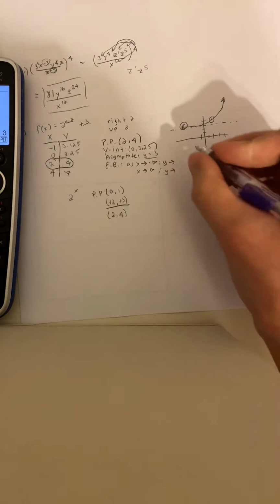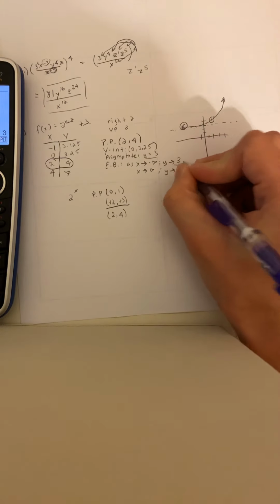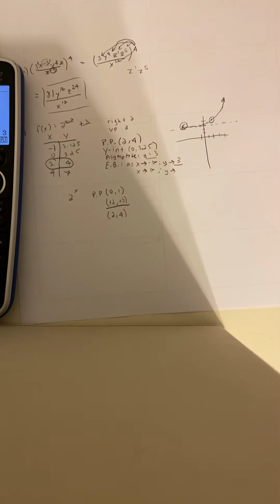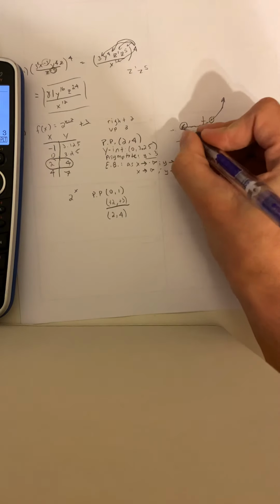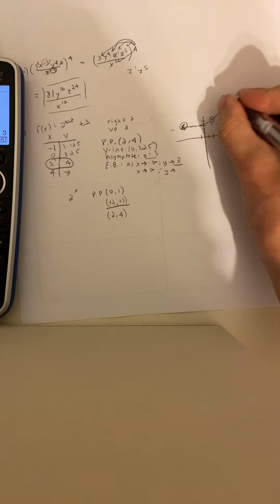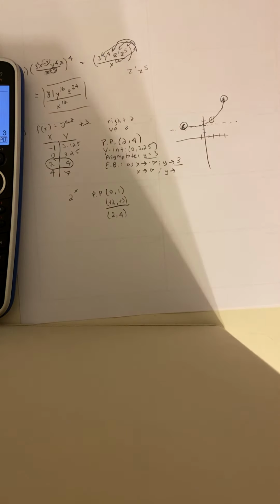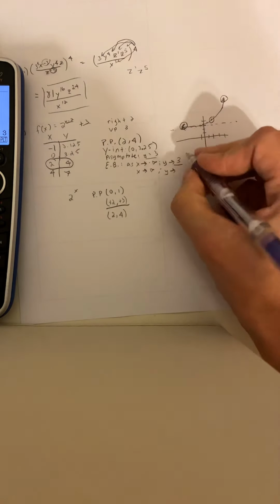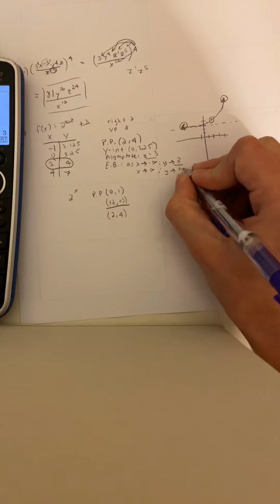So as I go further and further to negative infinity, I get closer and closer to 3. That's whenever I have a sideways arrow. Whenever I have an arrow pointing up, that tells us I'm going to positive or negative infinity. Here I'm facing up, so I know this is going to positive infinity.